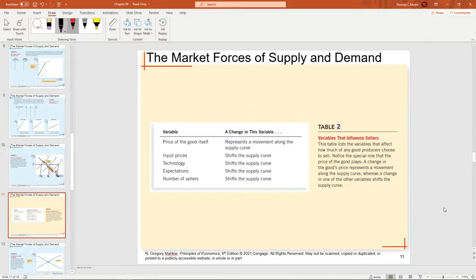The input prices. Let's say you're producing corn, you're a farmer, and the price of diesel fuel goes up, you're not going to be willing to sell as much corn as you would if the price of diesel was lower.